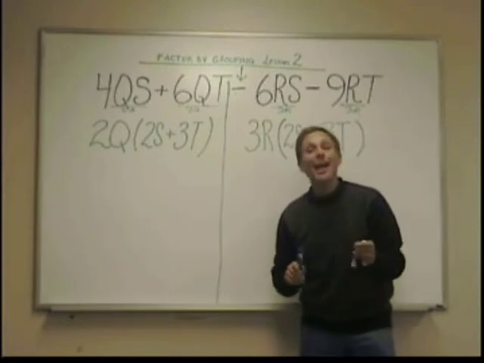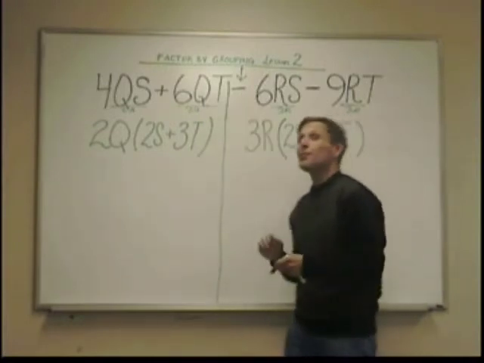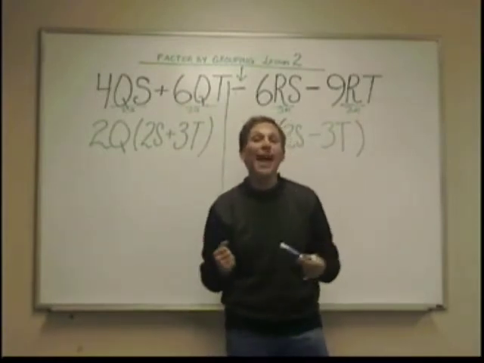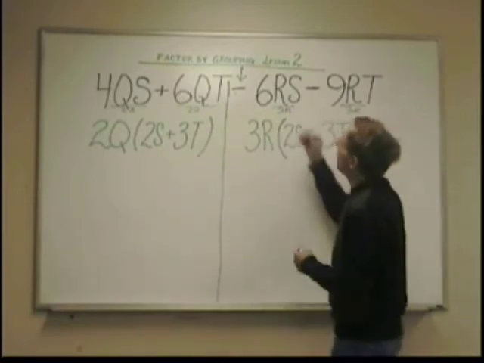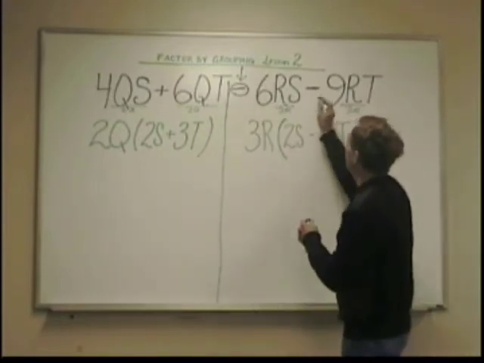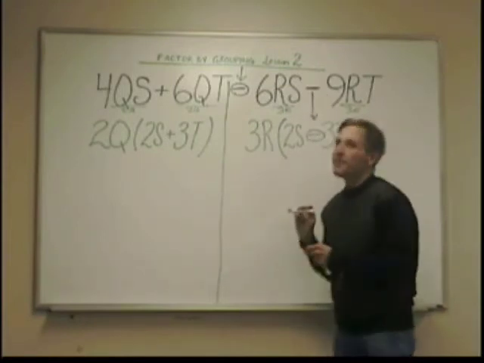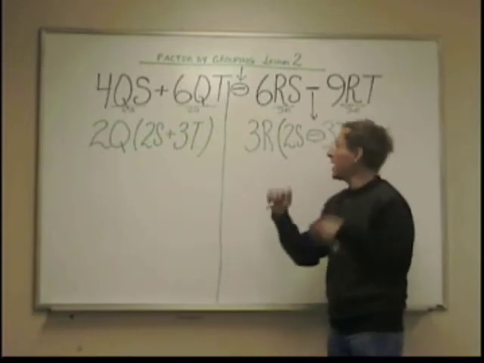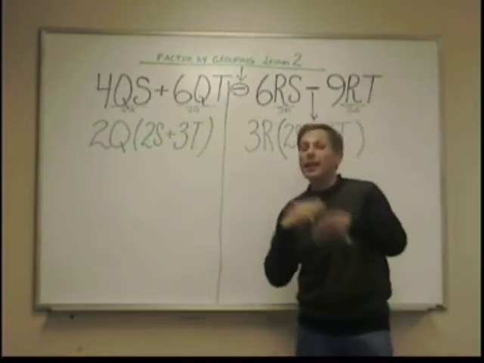Really, things do work out at the end, and here's why. If that center sign was a plus sign, it would have worked out. The middle pieces would have both been the same. But because this is a negative sign, it turns this sign into its opposite. If it's a negative, I change it to positive. If it's a positive, I change it to negative.